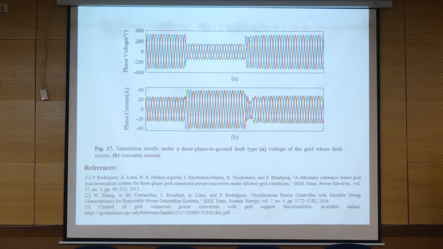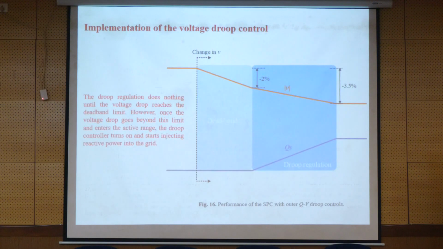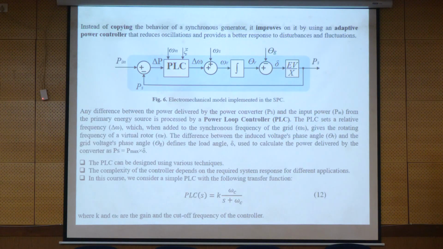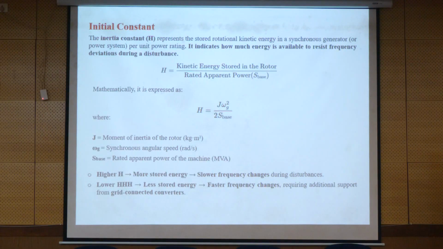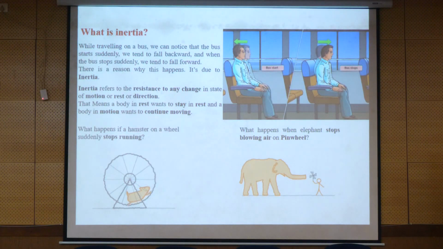So now again we get back to the beginning of what we discussed. If we get back to the beginning of the chapter, we said that inertia provides resistance against changes.